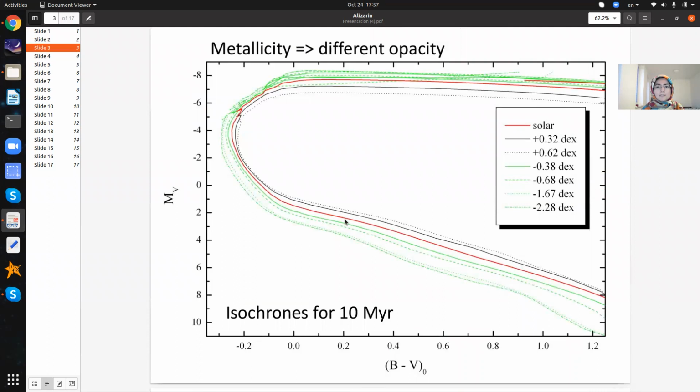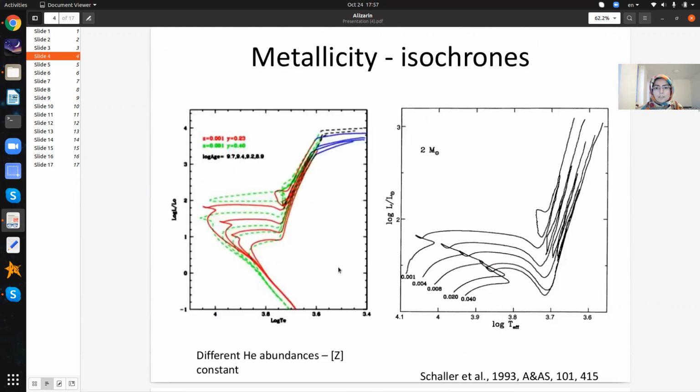In here, you see, if we have more metallicity, we have higher opacity. As you can see in here, isochrones for elements that have more metallicity are higher. In here, we compare two clusters.